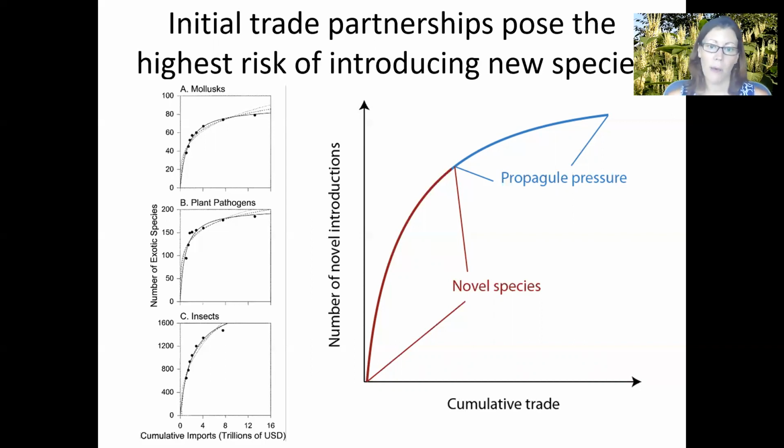We know what to expect. We can look for specific ones that are a threat from that region. But if we're getting new species from entirely new places, then we don't really know what to look for. And there's a lot of them potentially coming in that we haven't seen before, any of which could potentially establish.